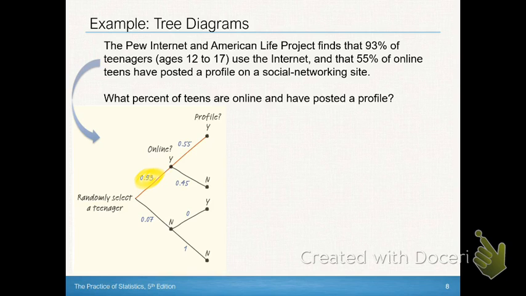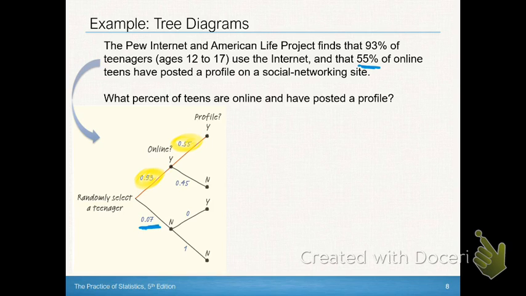Now they didn't give us that in the problem, but we could figure this out. If 93% of teens have internet access, that means the rest, or 7%, because it's got to add up to 100, they don't have internet access. And then similarly, if 55% of the teens that are on the internet have an online profile, that's this 55%.